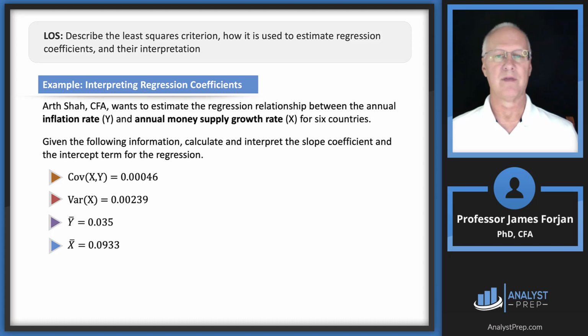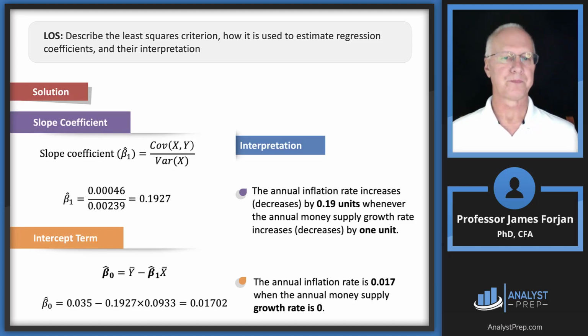Given the following information, calculate and interpret. We're given covariance, variance, and the two means. Those are 4 important variables to calculate. I can't imagine that the CFA Institute would ask you to compute all of those 4.